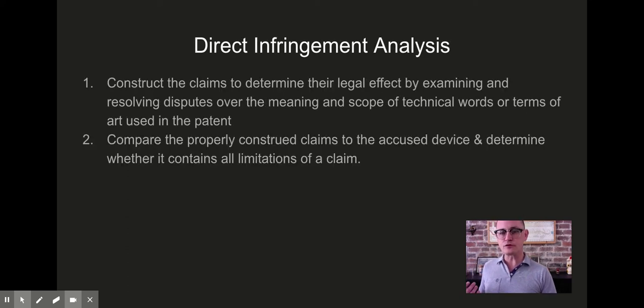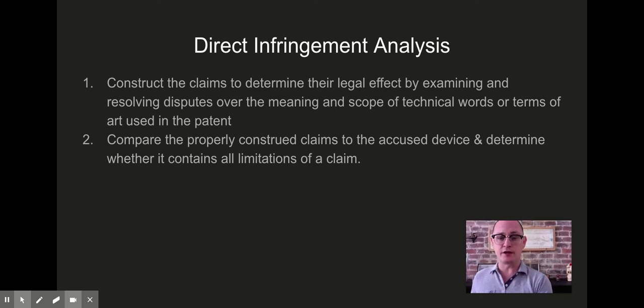So how do we determine whether direct infringement has occurred? Well, first thing we do, as we've discussed in previous classes, is we construe the claims of the patent in question in order to determine what the patent actually covers. That's why the Markman hearing, that's why claim construction is so important.